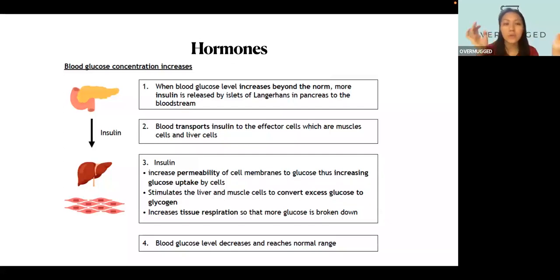So let's give an example: they show you the blood glucose increase and then it comes down. Then they ask you to do some data question, and then they ask you to explain. This kind of question should be about 3 marks, because basically it's the whole process.